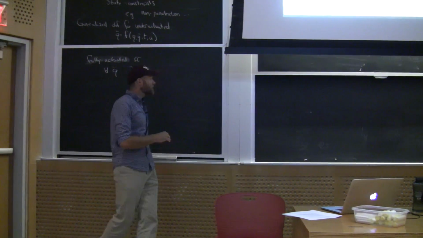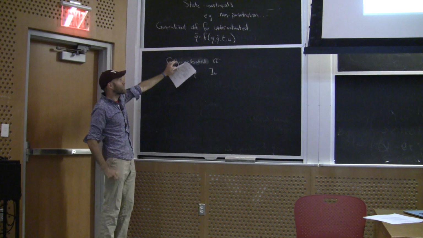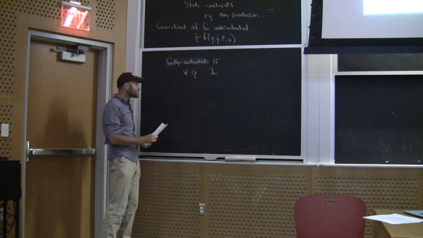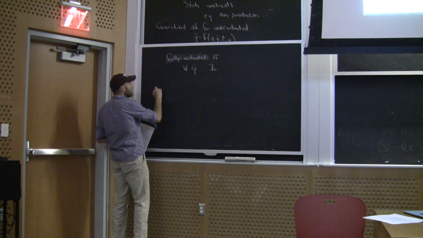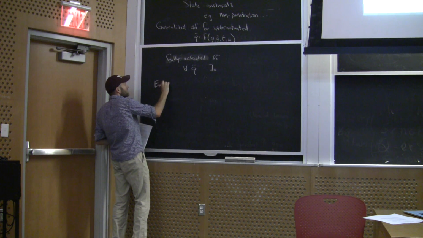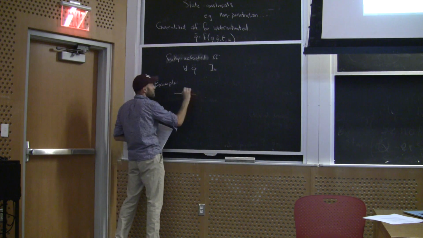Okay, so let's talk a little bit more about robots in particular and how to recognize underactuatedness in a robot. Okay. So let's take one of the simplest examples, a simple double pendulum. Okay.